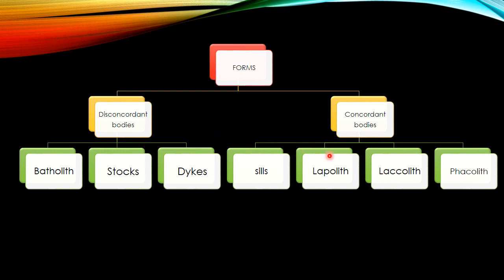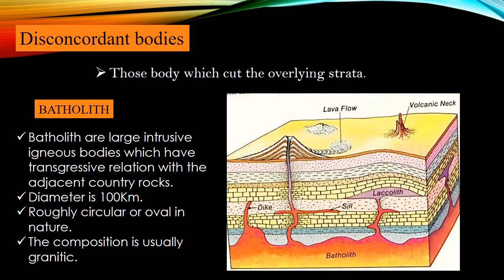All of these are examples of the intrusive igneous body, and these two types of intrusive igneous bodies are divided into another group of examples. So we will see one by one in the next slide.